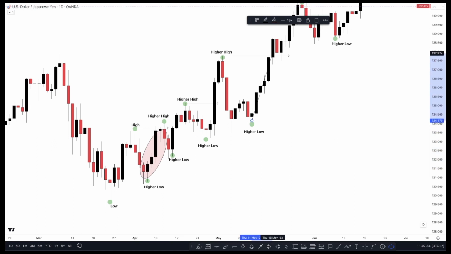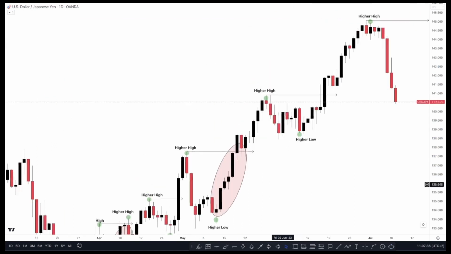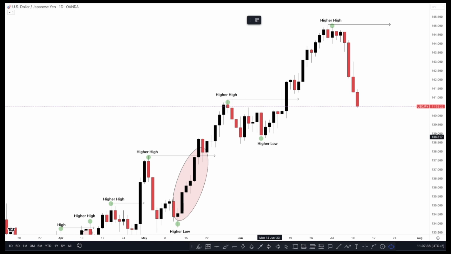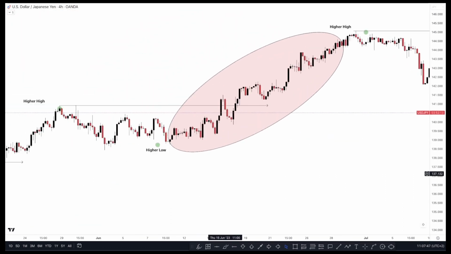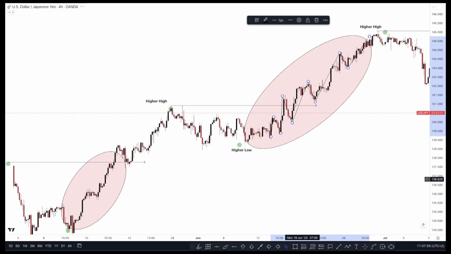So these moves, these are the moves I'm talking about. Since this is daily, as we drop down to the 4 hour, you're going to see that on a daily they are just straight, but on a lower time frame you can see that we are having trend or minor structure continuing to the upside.